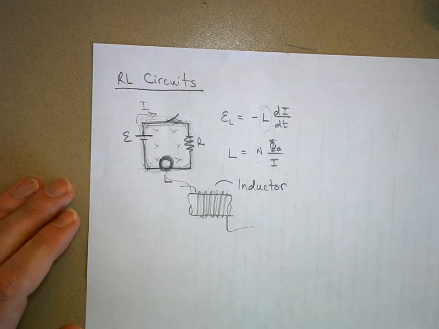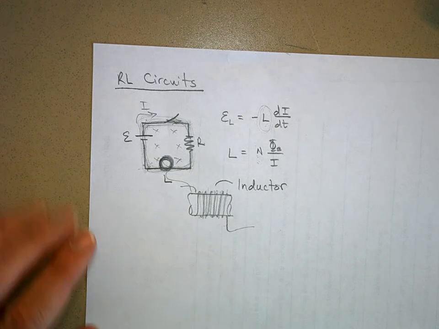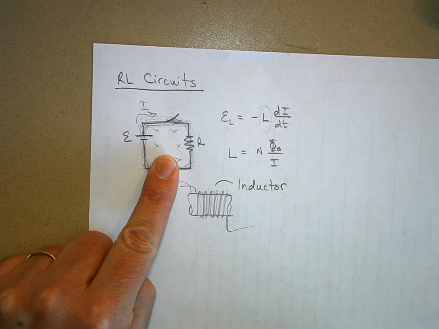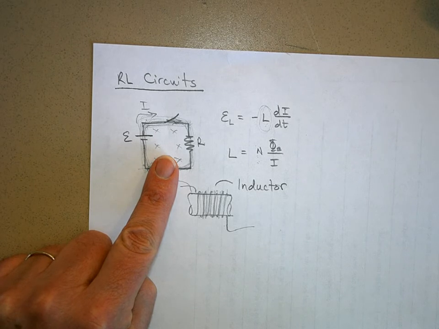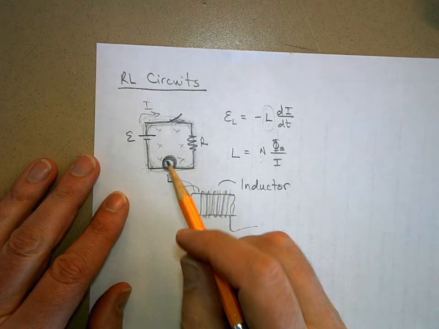Yes? Okay, so wait, if there's no inductor, do we just assume it as 1? Sorry. No, if there's no inductor in there, you just assume that the self-inductance is negligible. Wait, then how do you solve for E sub L? Well, think about this.